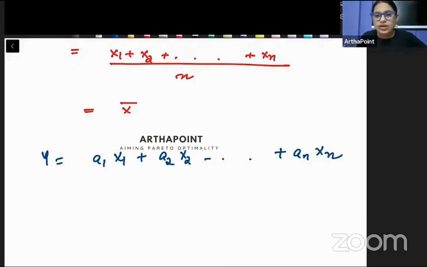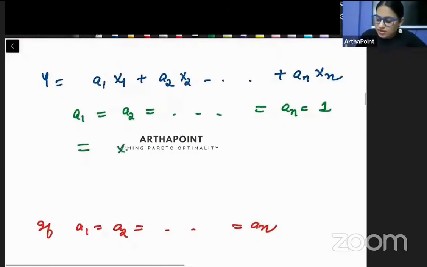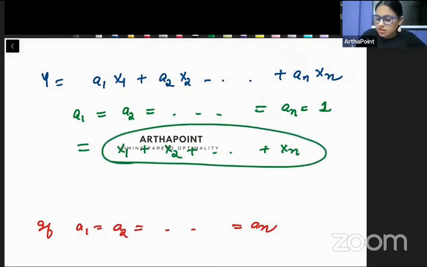And now I am saying कि okay, let it be the case that a1 is equal to a2 is equal to till an is equal to 1. जितने भी x's हैं उनको जो हम वेटेज दे रहे हैं, we are giving them a weightage of ones. तो बेटा can I write this as x1 plus x2 and so on till xn, and this is nothing but the sum of the random variables.